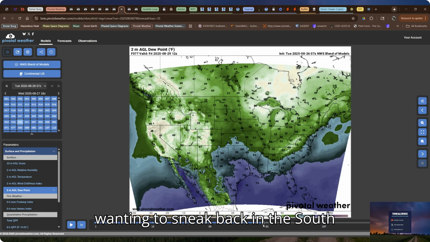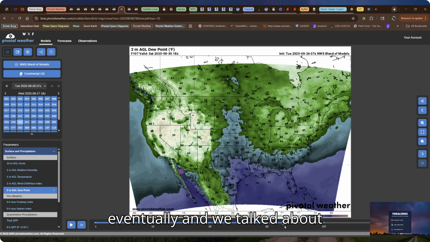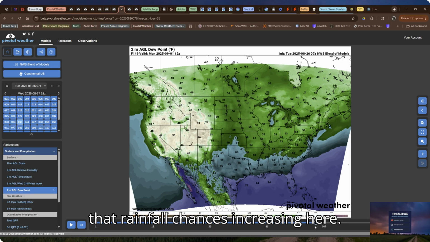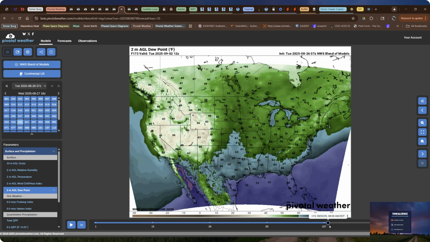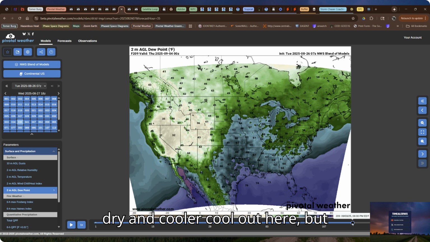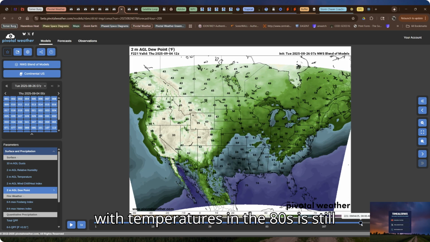Moisture maybe is wanting to sneak back into the south eventually. And we talked about rainfall chances increasing here. So it won't be quite as dry and cool out here, but still, I'll take dew points in the 60s with temperatures in the 80s.